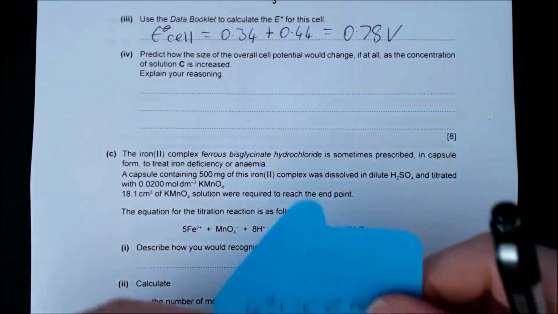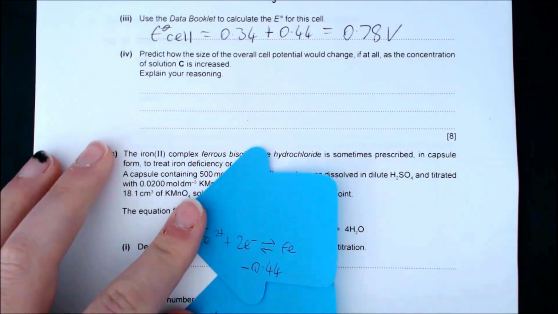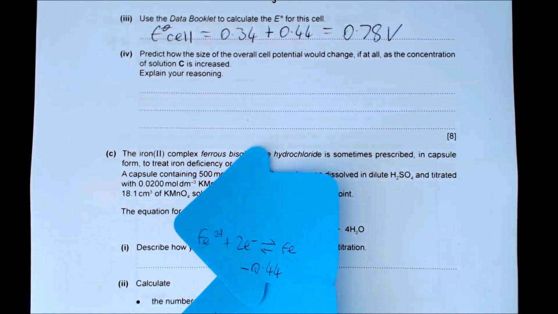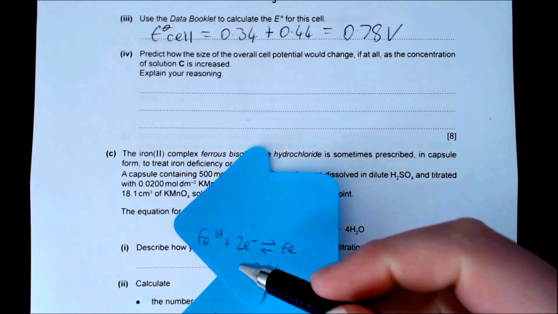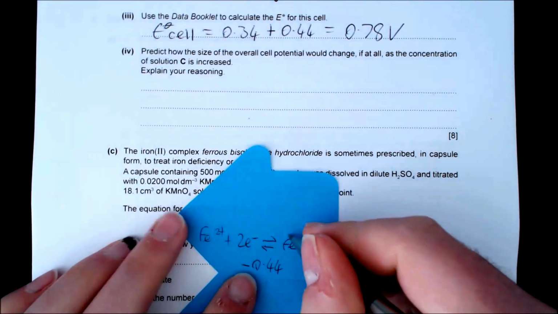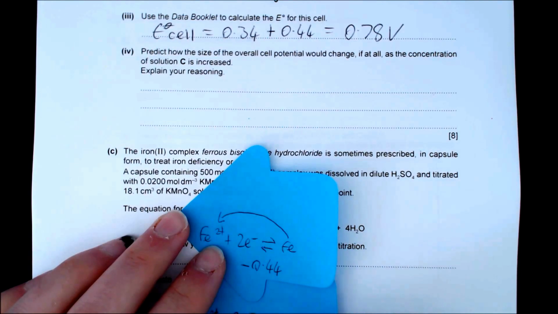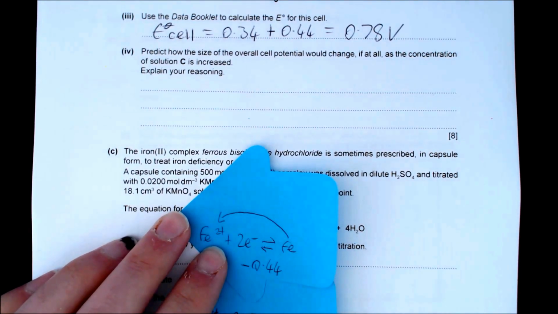Right, I've got two half equations here. What we can do is use what we call the anti-clockwise rule, which shows us which way the reaction is going to go. Now we must always put the most negative on the top. And effectively this will show us what reaction is feasible.